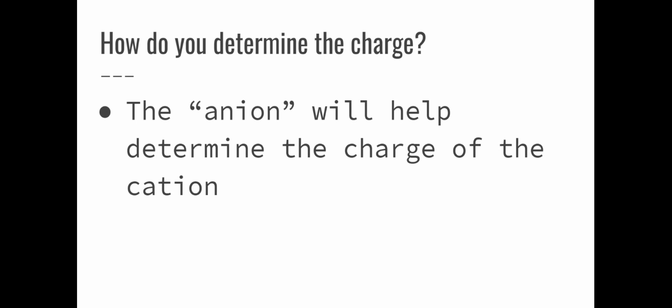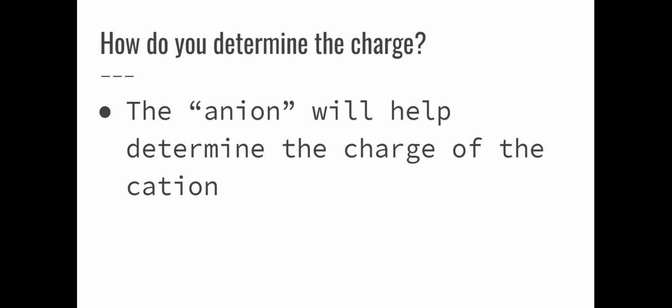The rules for writing and naming compounds include a rule that says you always write the positively charged piece before you write the negatively charged piece. That's why we always say that table salt is sodium chloride. The sodium is positively charged.